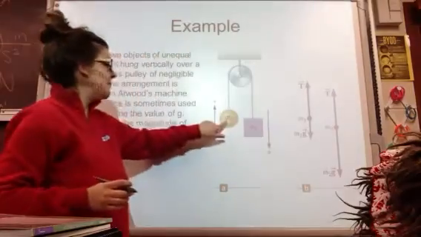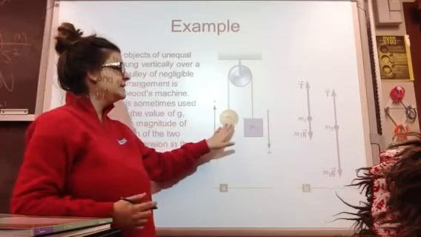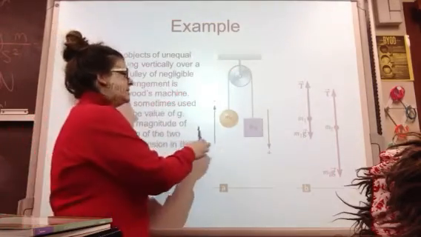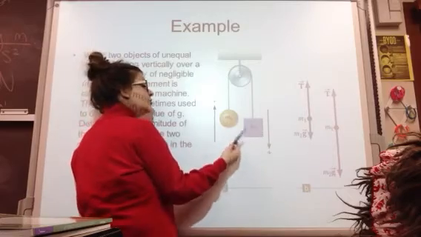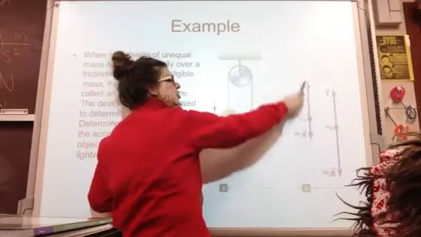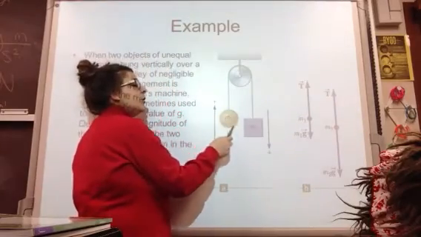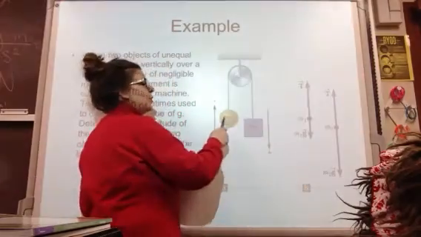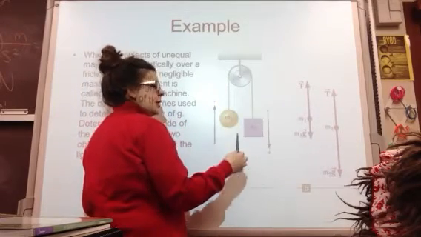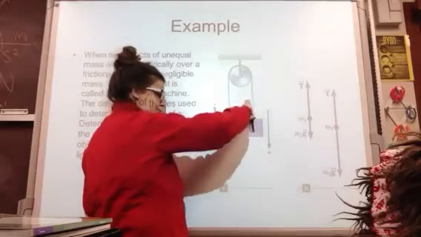So if I'm looking at mass 1 here, it has a specific weight force, and it also has tension. But since this mass over here is larger, this mass is going to be moving upward. So the tension should exceed the weight force for it to move upward. Mass number 2 is larger, so it should be moving down.